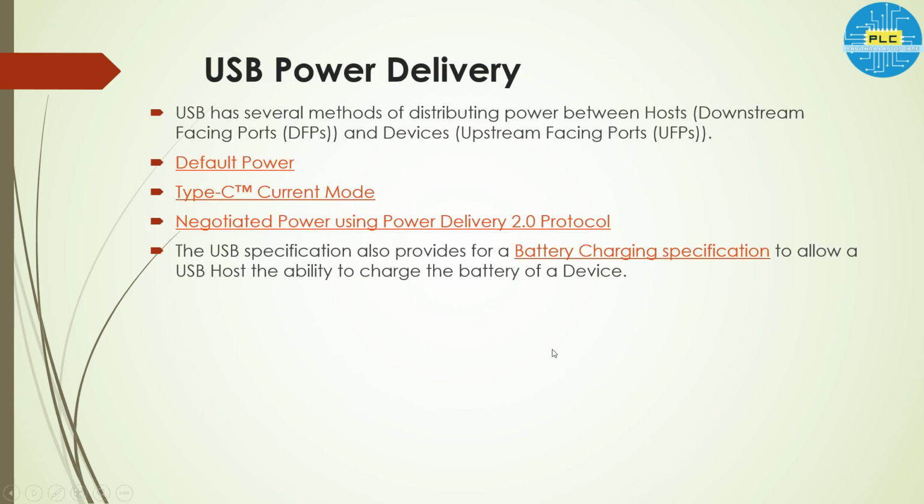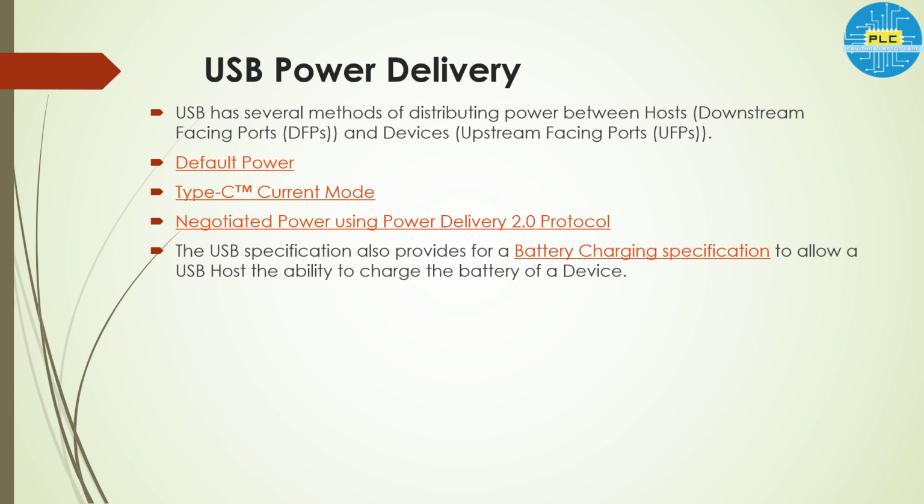Now we come to the USB power delivery: how power delivery functions will happen in the cable. Initially I told you not to forget about DFPs and UFPs. Those are very important. USB has several methods of distributing power between hosts. Now we understood the cables, what kind of cables and connectors we have.